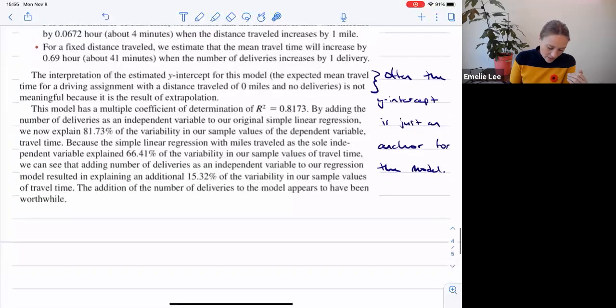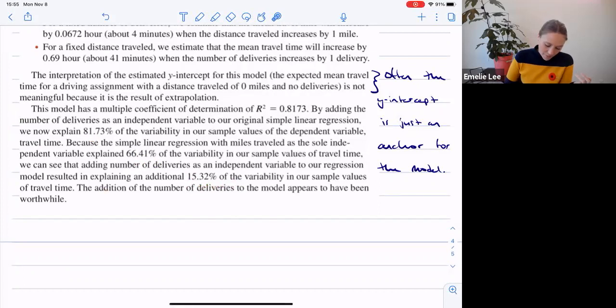And so now it explains 81.73% of the variability in our sample, as opposed to in the simple linear regression case where it was only explaining 66.41%. So now we've explained an additional 15.32% of the variability in our sample values of travel time.